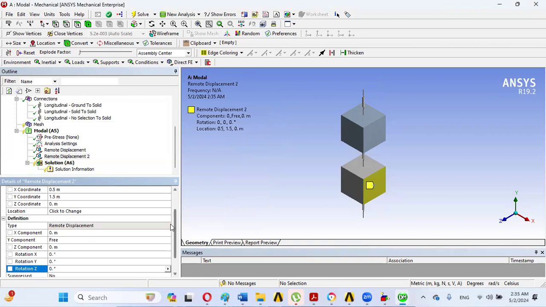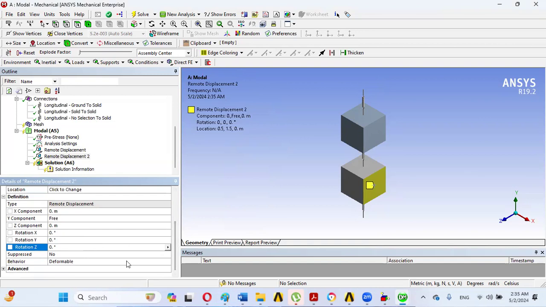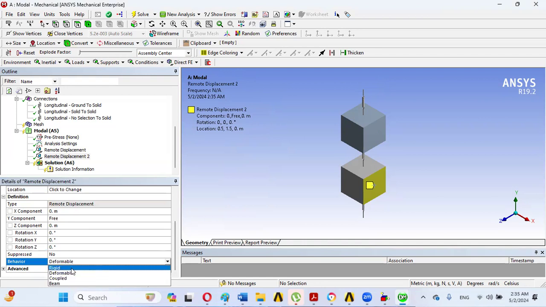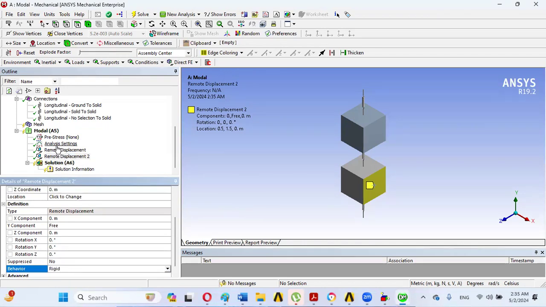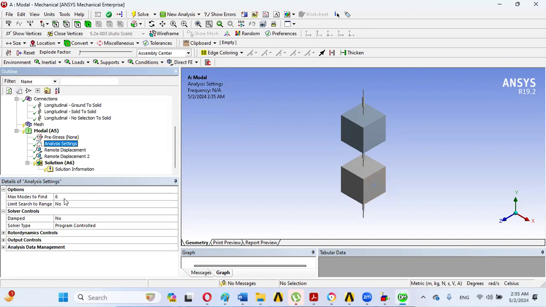So only linear translation along y is free, and all other parameters or coordinates are 0. And here we will be setting its behavior to be rigid. In the analysis settings, because this is a 2DOF system, we will be applying here two modes.